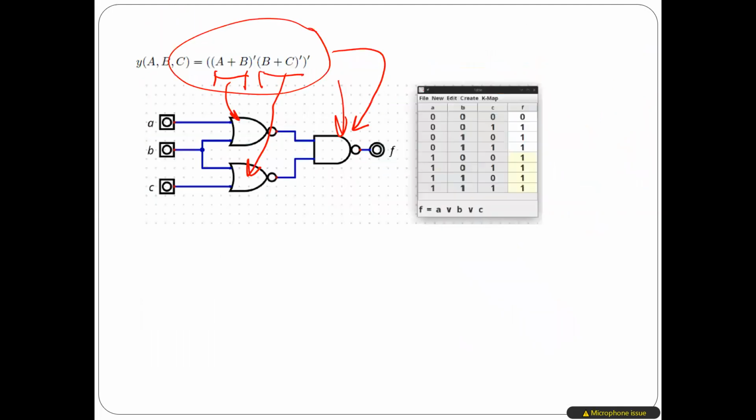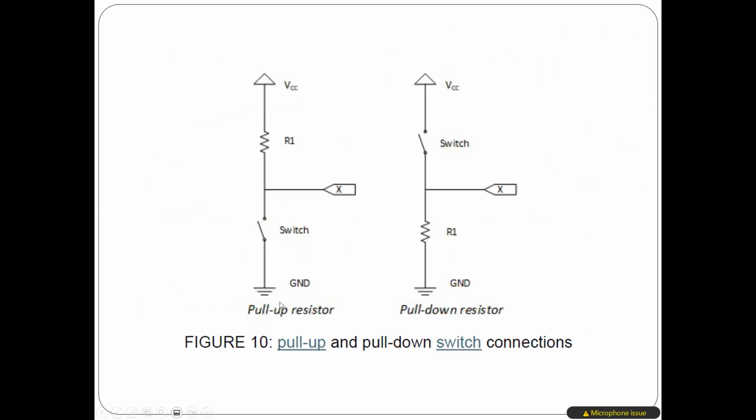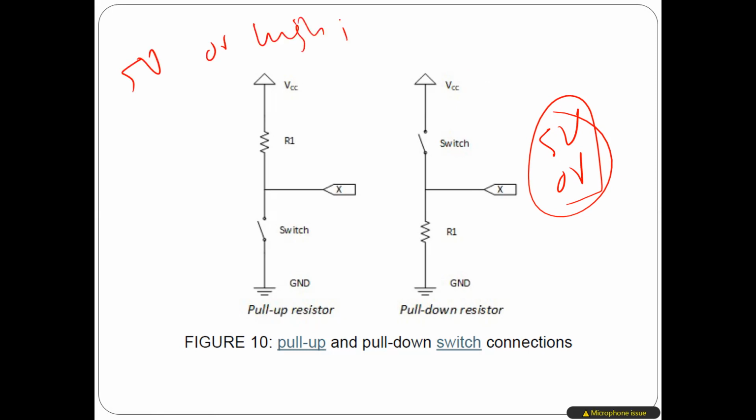So what I explained here, I just want to clarify. I connected the switch in such a way that one position gives me 5 volt and the other position gives 0 volt. What if for some reason I want the switch to give me either 5 volt or high impedance? High impedance means open circuit.